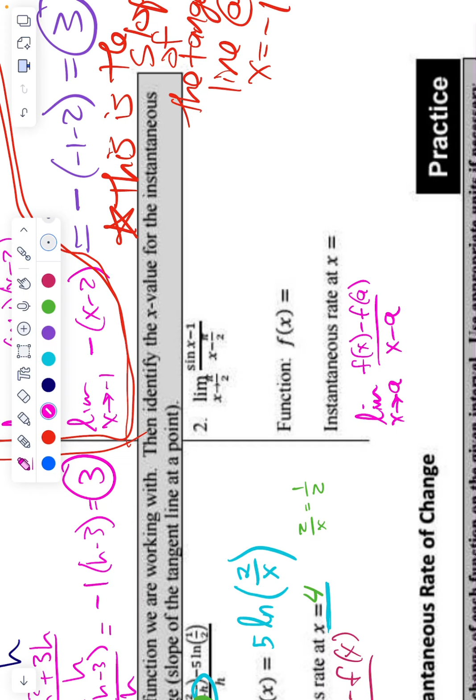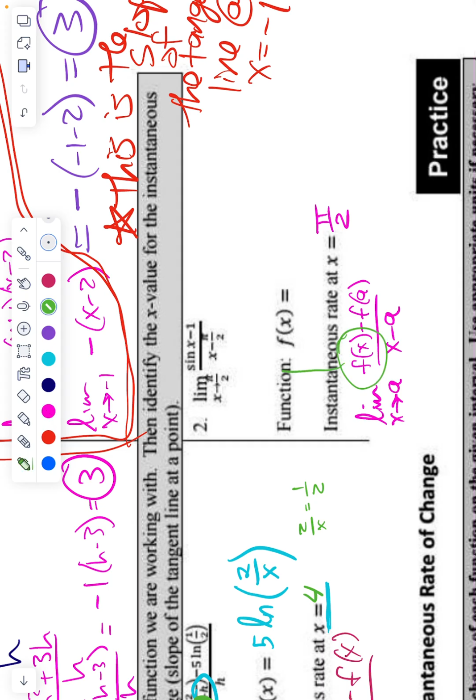Where are we evaluating this limit? Let's start with that one. So instantaneous rate where? Pi over 2. That one jumps out a little easier, right? And then what's the function? Okay, this is much easier.